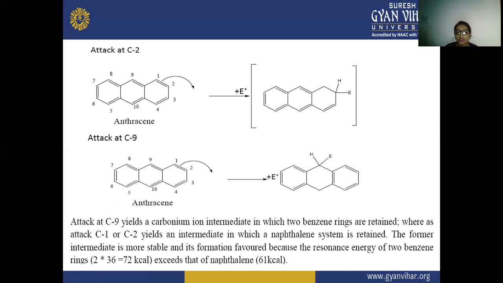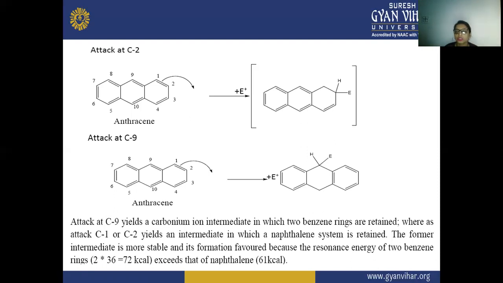So you can see that attack on the C9 yields a carbonium intermediate in which the two benzene rings are retained. In the case of C1 and C2, this is an intermediate in which a naphthalene system is retained, meaning two rings are present.